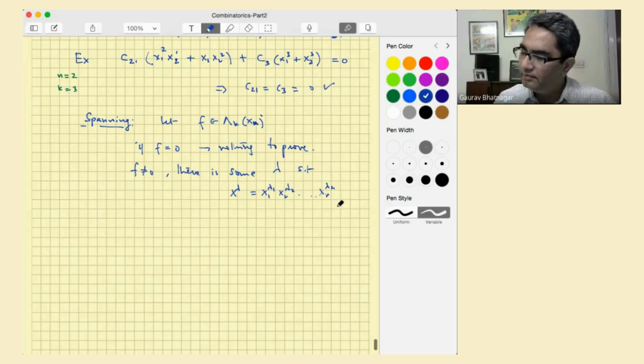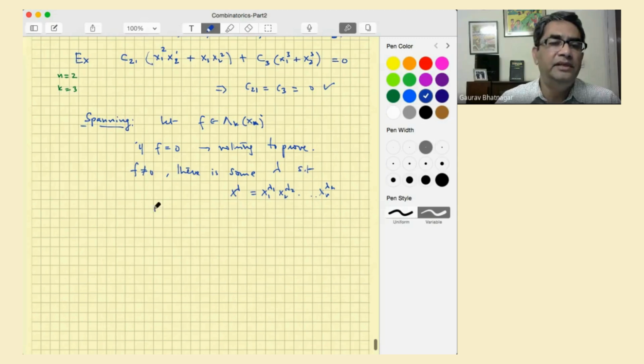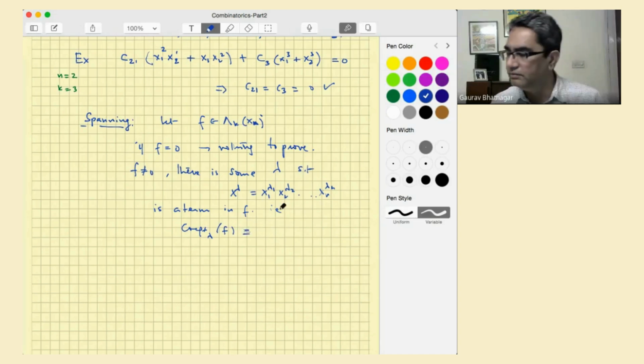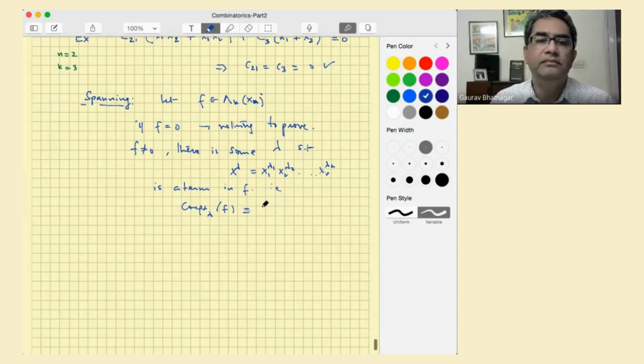This is a term in f, i.e., the coefficient of lambda in f is not equal to 0, say c lambda.